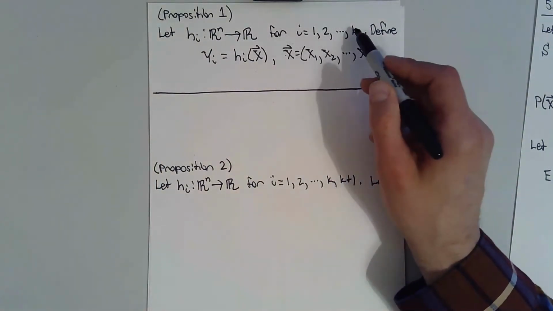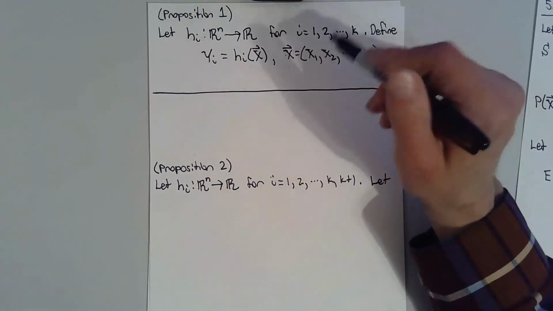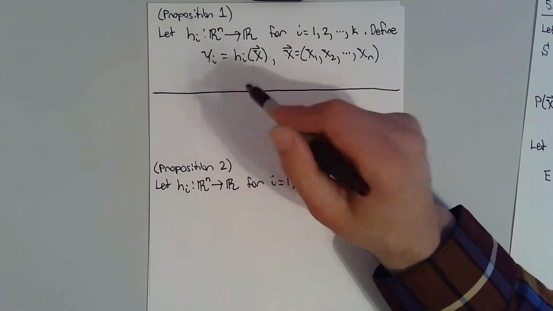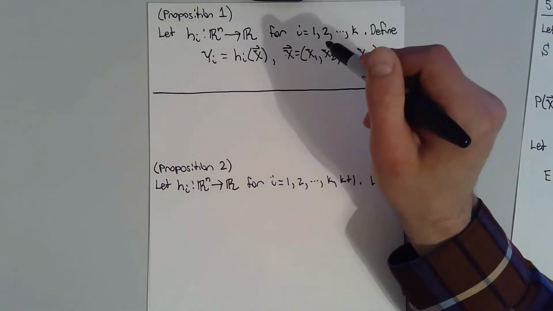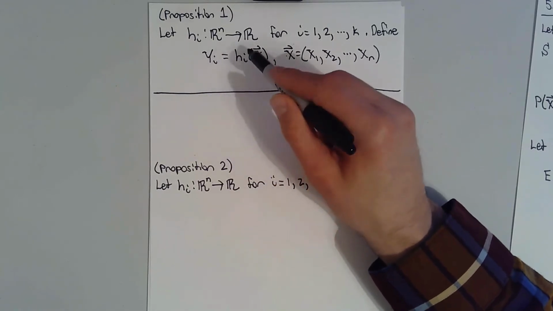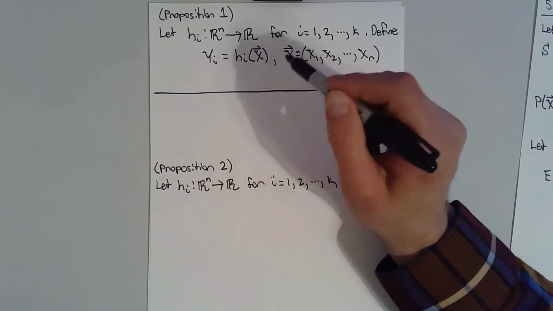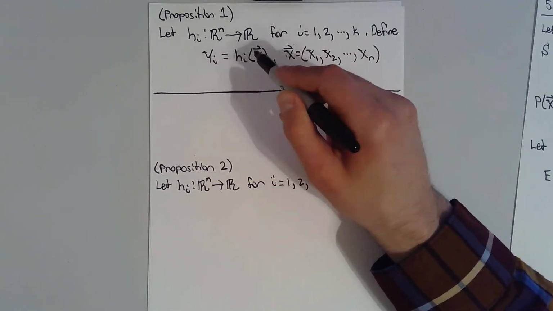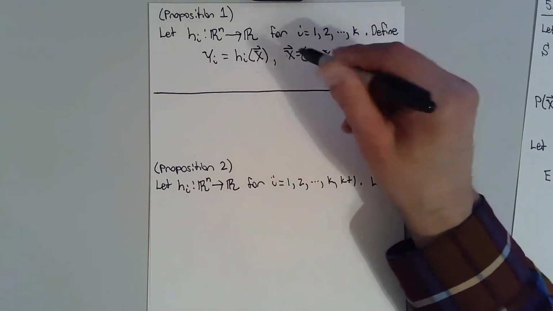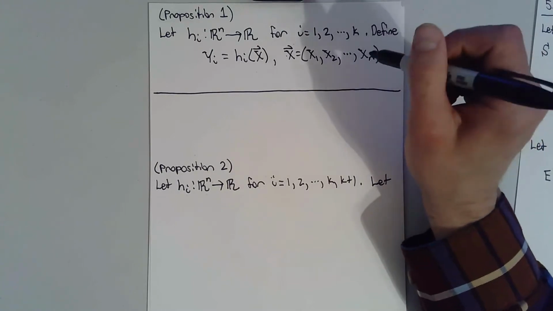It doesn't matter what k is. k is independent of n here. So these are just k scalar functions on Rn. We can define a new random variable, y sub i, equal to h sub i of the random vector X. So this defines a new random variable for each i, again where our random vector is defined using our n random variables.